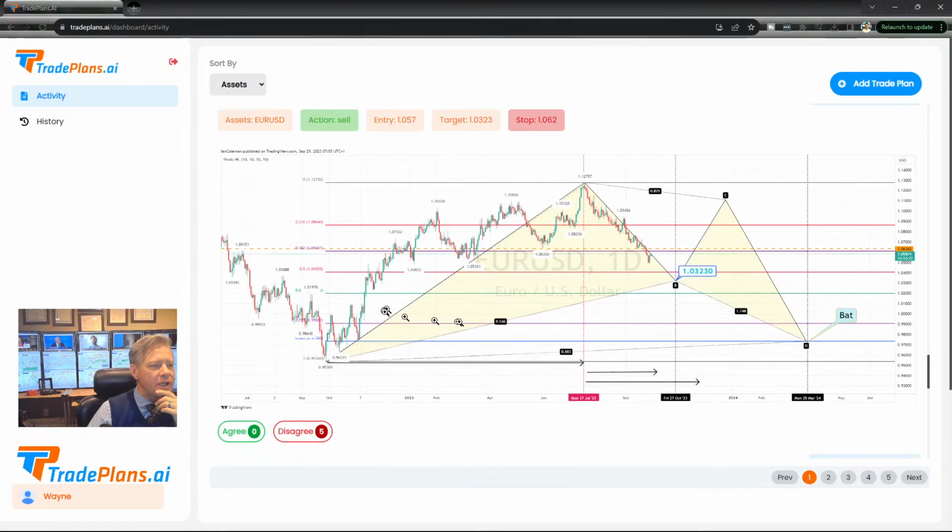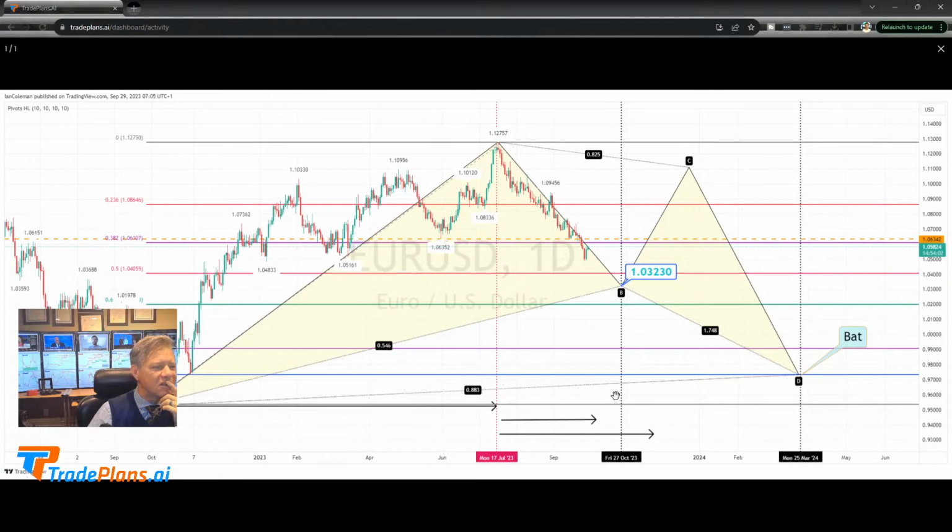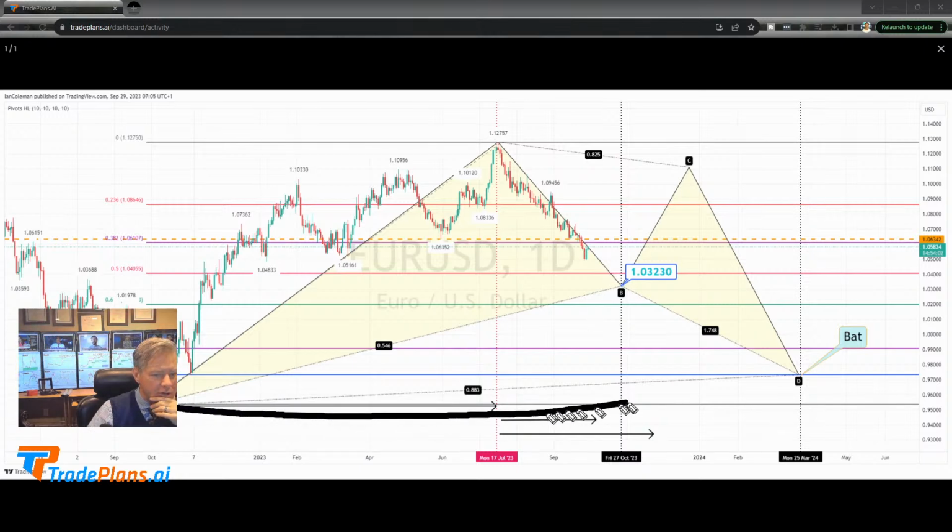Okay, similar trade, probably the same trader. Euro USD short. Interesting. Much bigger pullback. Yeah, this is interesting because I do expect US dollar to weaken. But let's see what they got going on here.